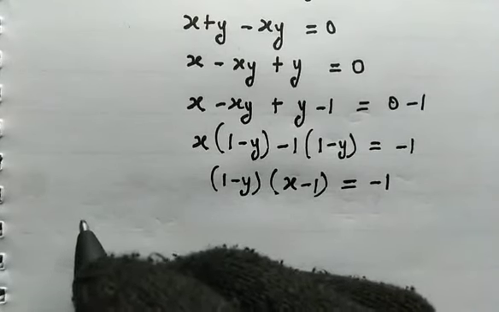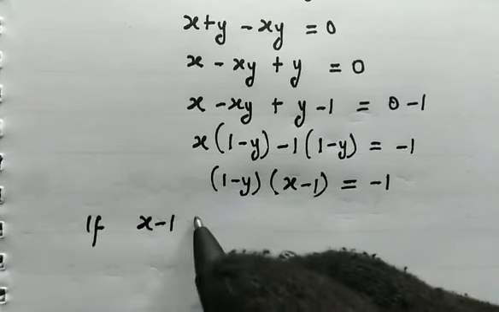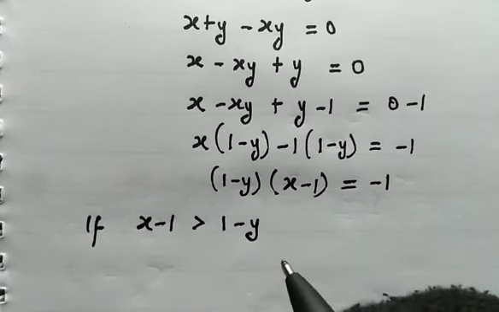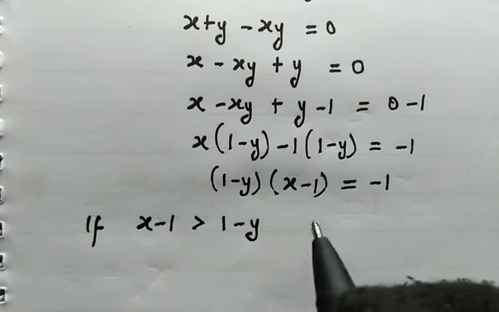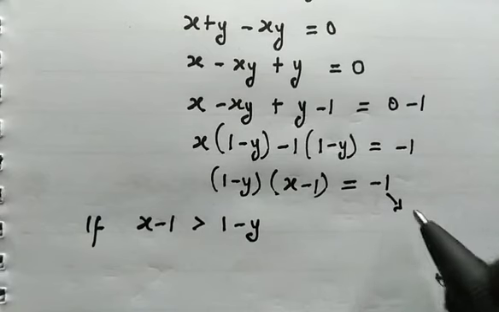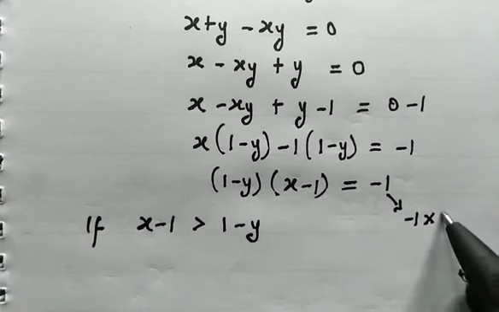Now, if x minus 1 is greater than 1 minus y, then this negative 1 here we can write as negative 1 times 1.